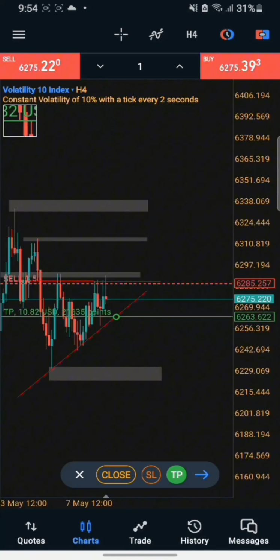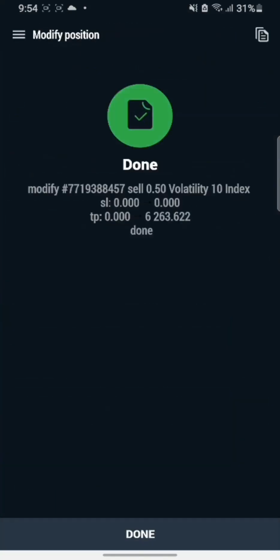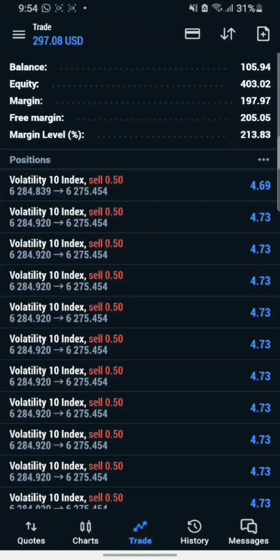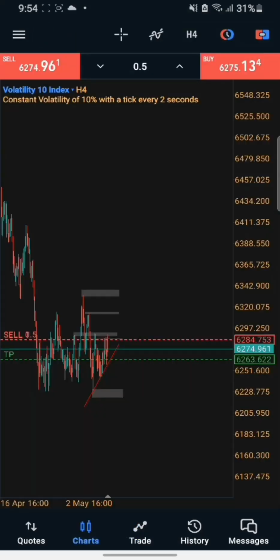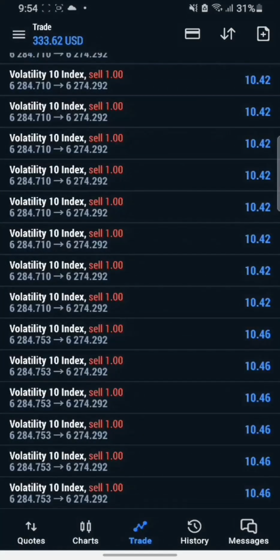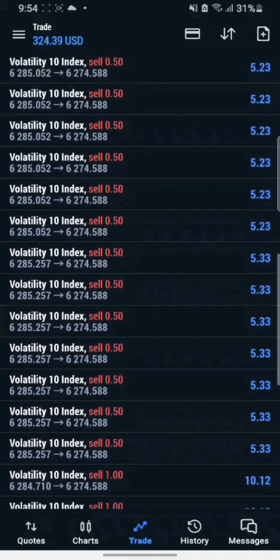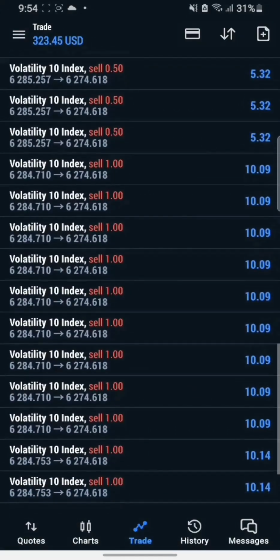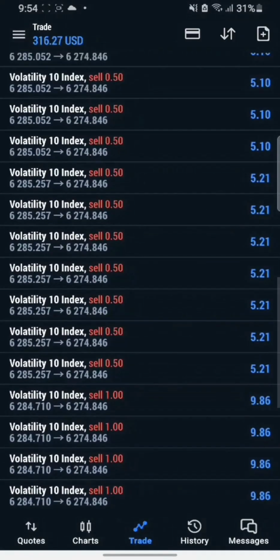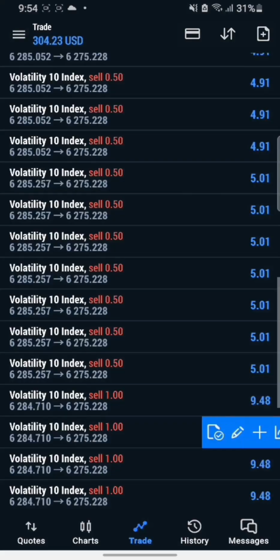So in terms of take profit, remember, just put it at the area of support, in this case it's the area of support. So I'm going to adjust my positions to that take profit. Now we're in $400 profit, which is a lot.